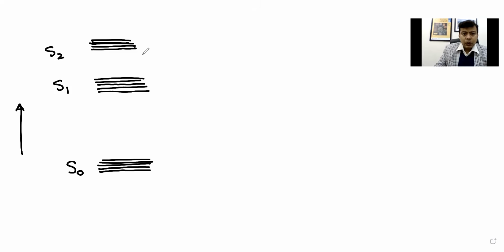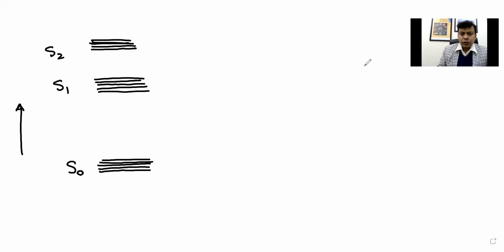All right. So of course one can show, which I'm not describing here, that electronic excitation is much faster, typically of the order of a femtosecond.